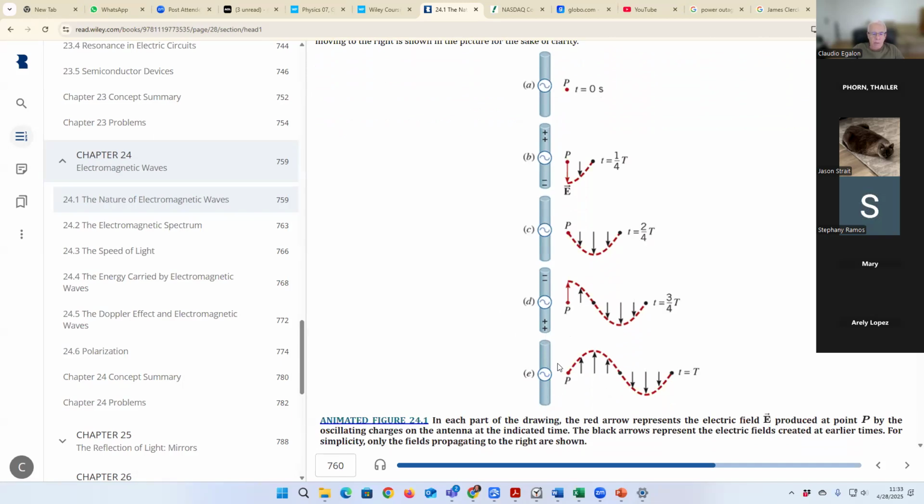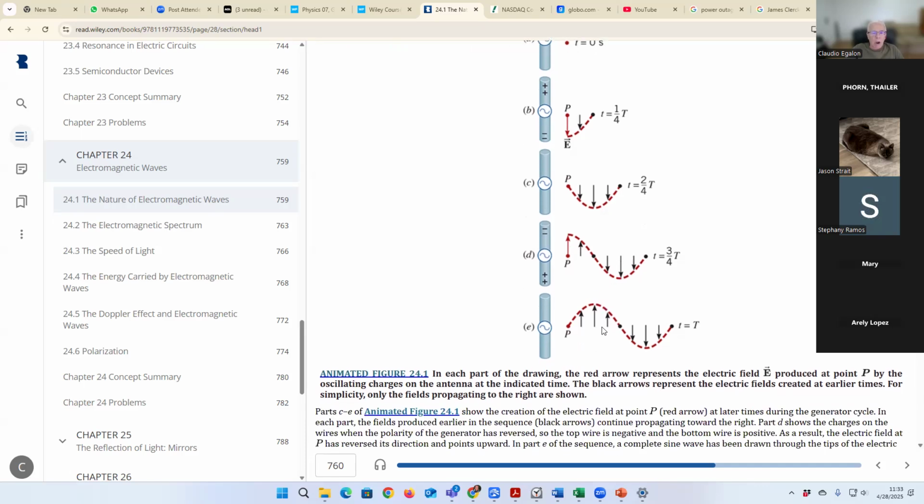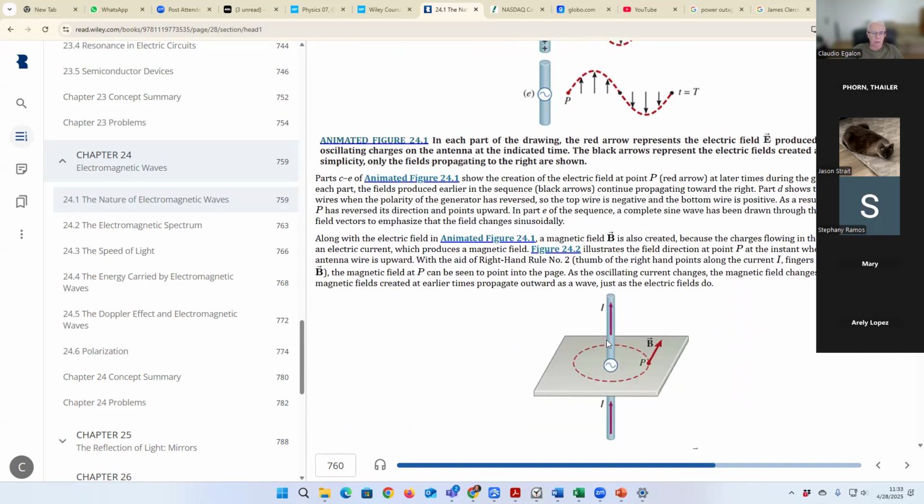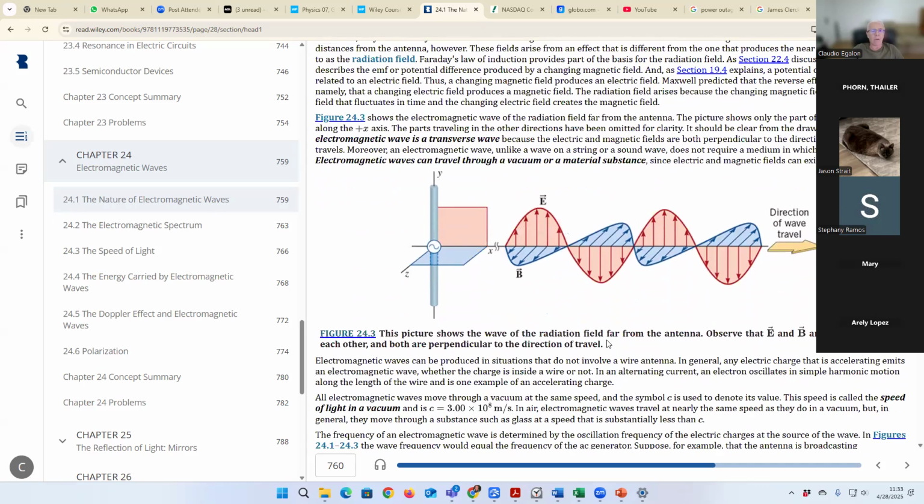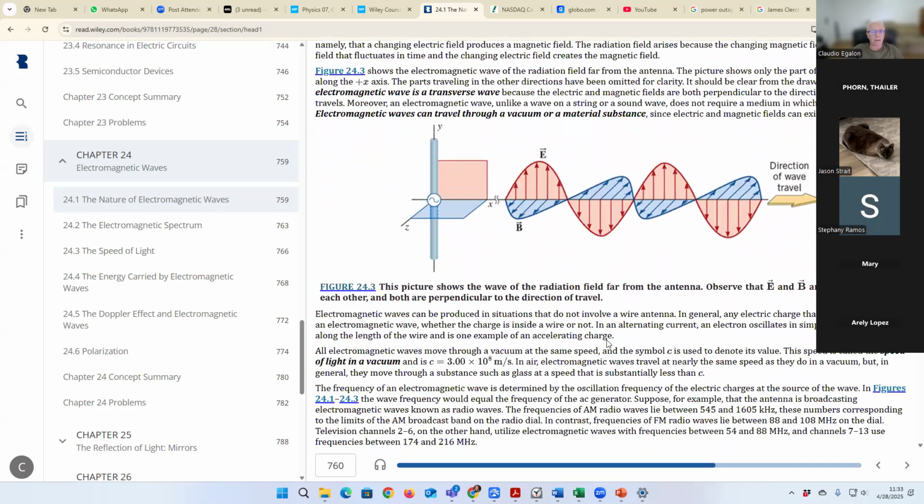Because the generator is changing in a sinusoidal fashion, the electric field is also going to change in a sinusoidal fashion. Furthermore, because this electric field is changing in time, it will also induce a magnetic field that's going to be tagged along with it. Okay, let's see, yeah, right in here. That's the illustration that you have to keep in mind.